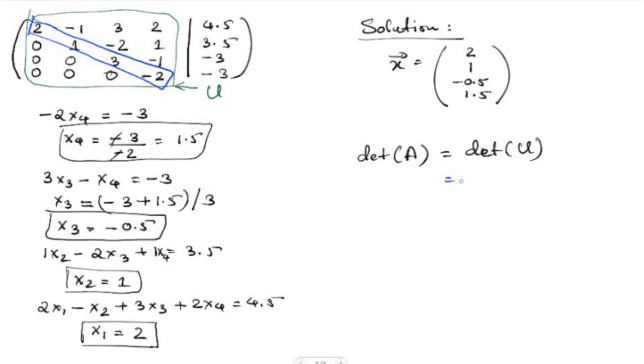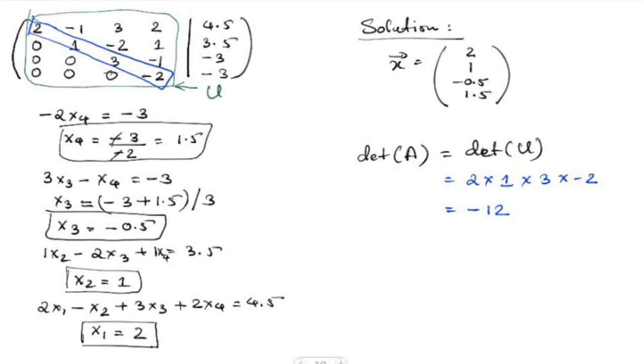So the determinant of U is equal to 2 times 1 times 3 times minus 2, and that's equal to minus 12. So that's the determinant of A.